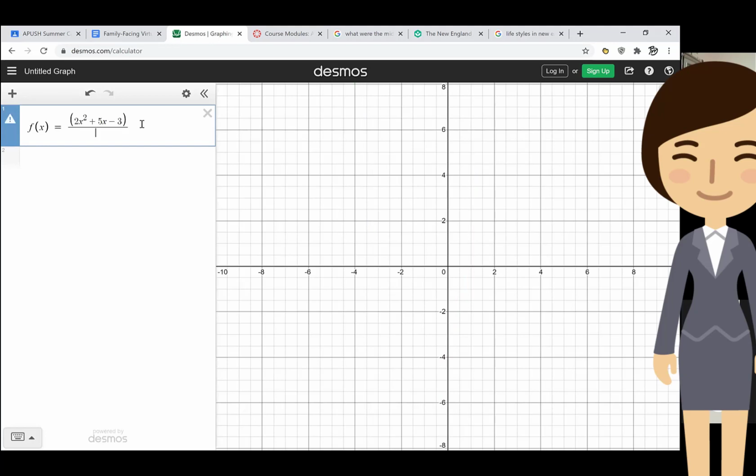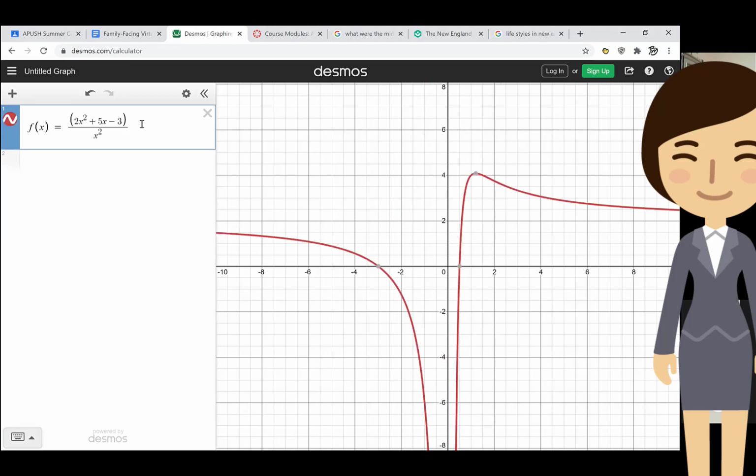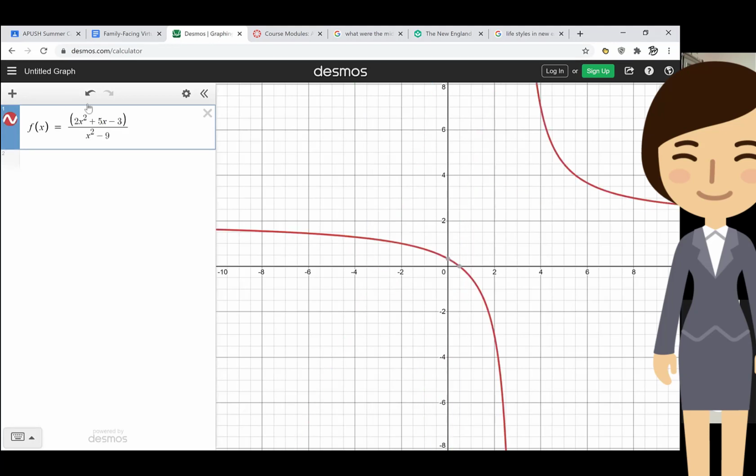Perfect. x squared minus 9. Okay, table. Perfect. Yay. Okay.